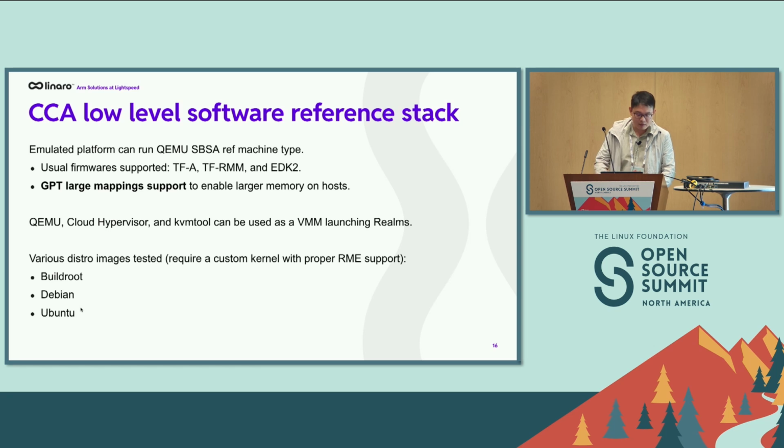In this part, we have added GPT large mapping support, which will enlarge the memory. For Qemu virt emulation, we can currently use just 3 GB of memory for serving as a host for development. Apart from that, we are also doing distro support for Buildroot, Debian, and Ubuntu for serving as the host file system.